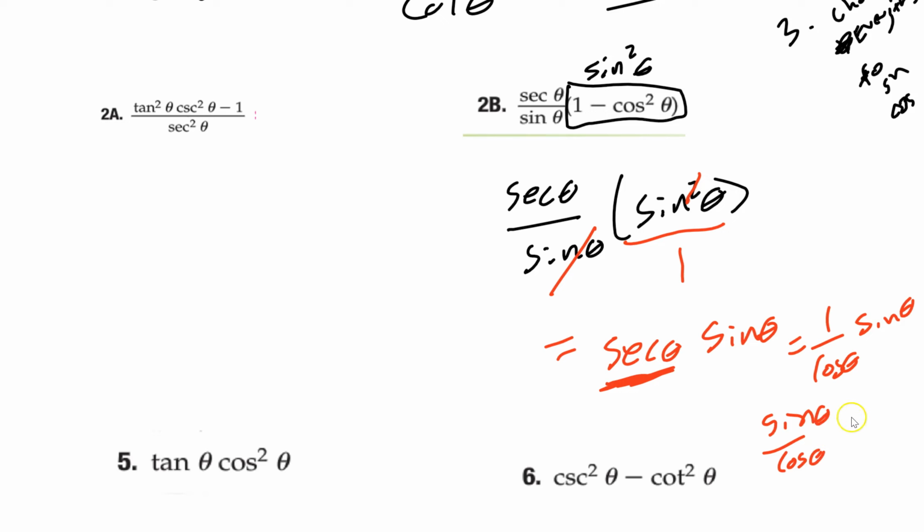Remember, sine over cosine equals tan. So it's just using identities to break your way out. That 1 minus cosine squared equals sine squared. So now you have sine squared times secant over sine. The sines cancel. Then you have secant times sine, which is 1 over cosine times sine. Sine over cosine is tan.